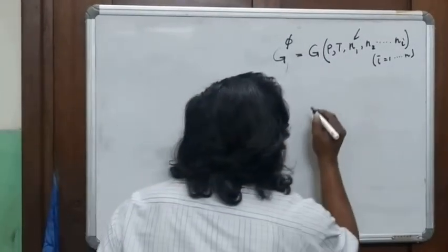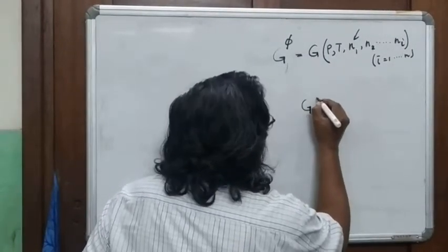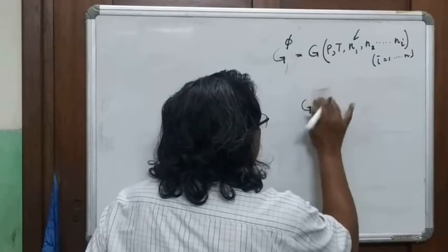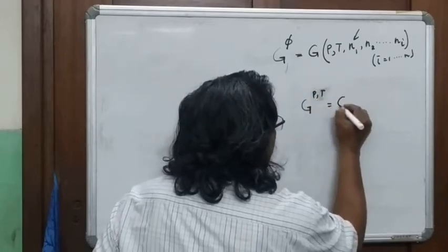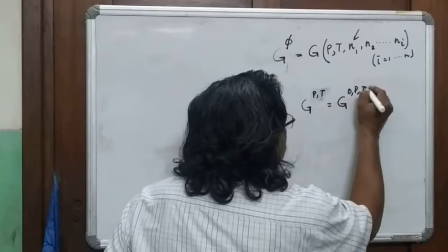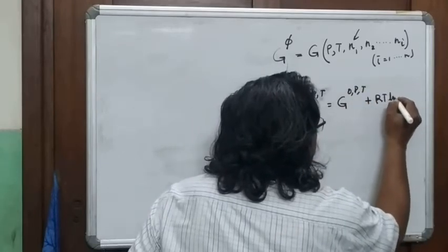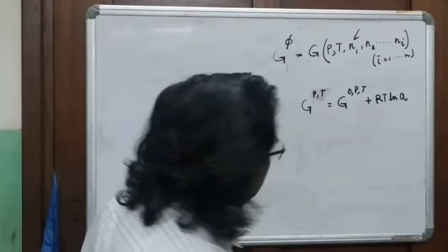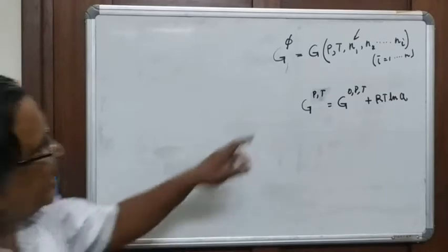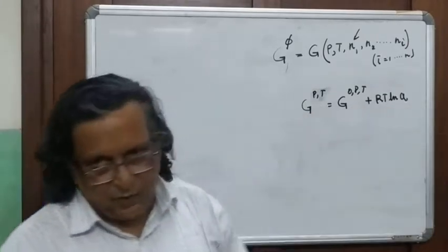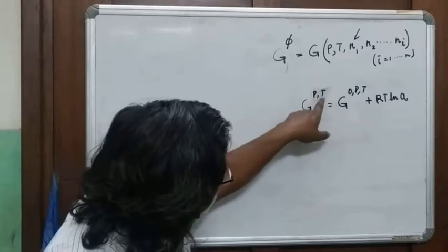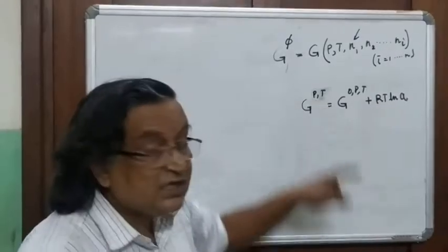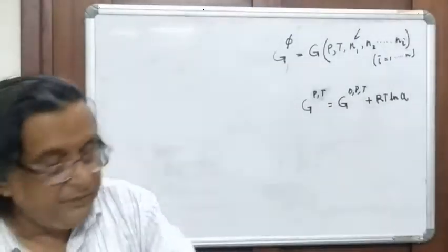If you remember, if we go back, we wrote yesterday G at P,T is equal to G0 at P,T plus RT ln activity. This is what I wrote yesterday, if you remember from the last class. Actually, I remember first I wrote G is equal to G0 plus RT ln 1, and then I changed to G at P,T is equal to G0 at P,T plus RT ln 1 to tell you that this is at a particular pressure and temperature condition.